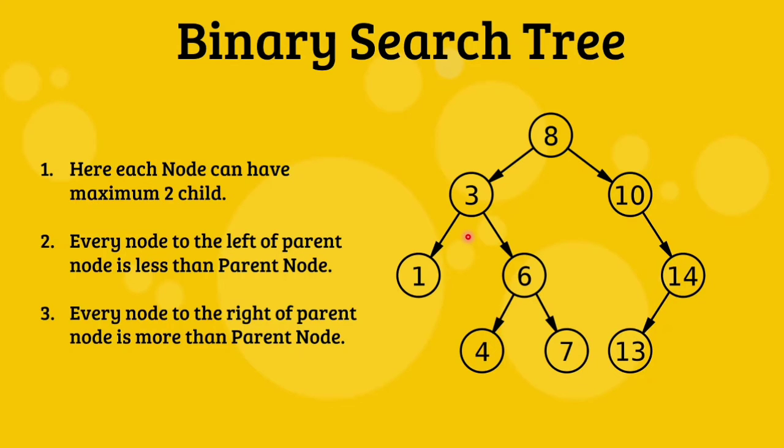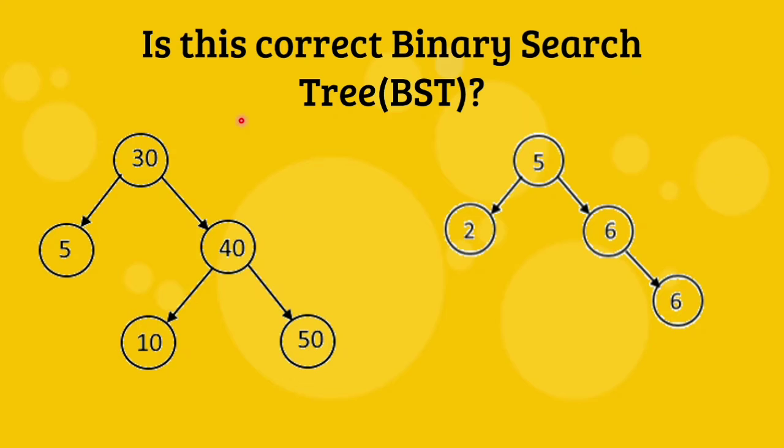Once we know the types of trees, here we have some questions for you. Is this a correct binary tree? Firstly, here we have 5 then 30. That condition is satisfied: 5 is less than 30, that is perfect. Then we have 40 greater than 30, that is also perfect. But here 10 is less than 40, that is perfect.